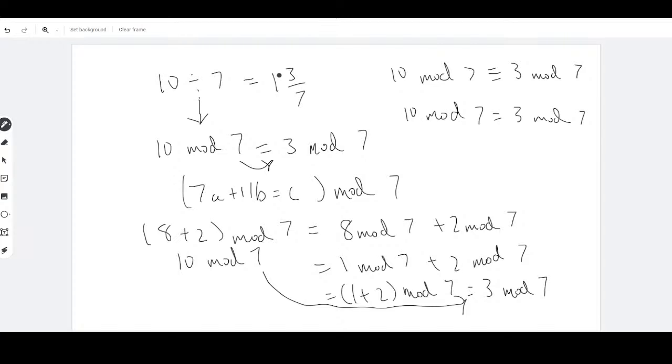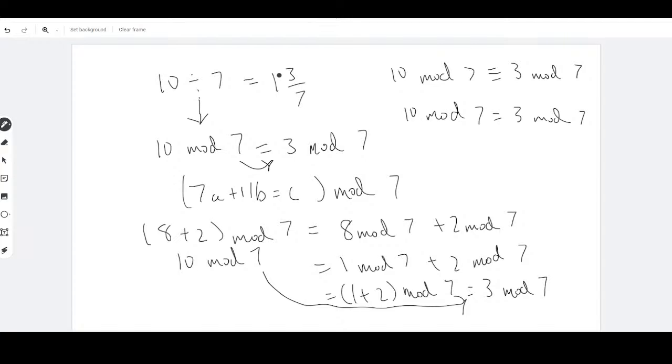The mod function is distributive, so we can distribute this mod 7 to every term of the equation. So we're thinking about 7a mod 7 plus 11b mod 7 being equal to c mod 7.